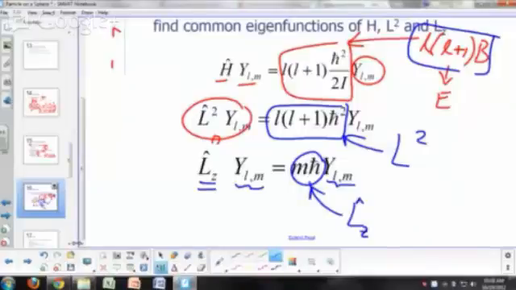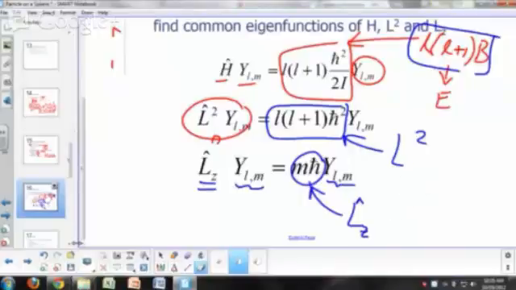So if your particle is being described by a spherical harmonic, then we know its energy. What's its energy? L times L plus 1 times B. We know the magnitude of its angular momentum. The square of the magnitude is L times L plus 1 times h bar squared. So what's the magnitude? The square root of that.